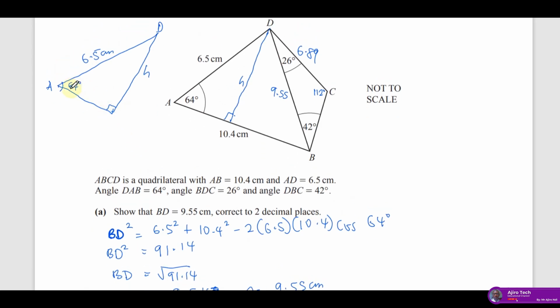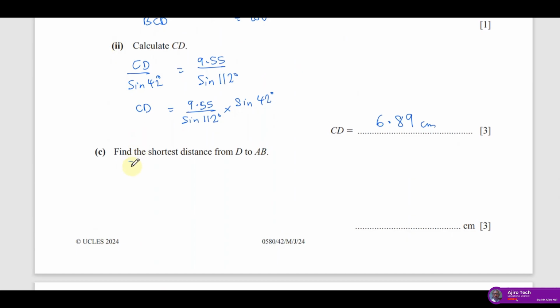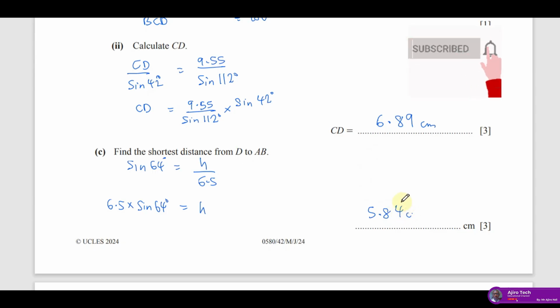Sine 64 is opposite over hypotenuse, so sine 64 is H over 6.5. So H is 6.5 multiplied by sine 64 degrees. And that is 5.84 centimeters.